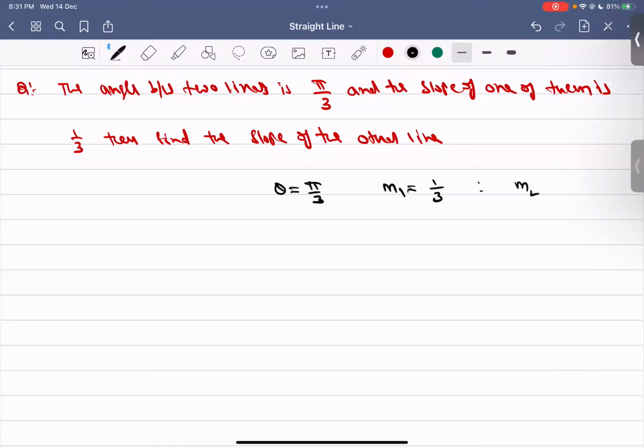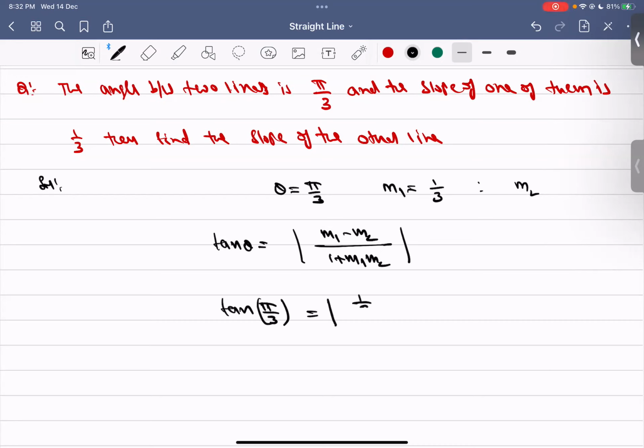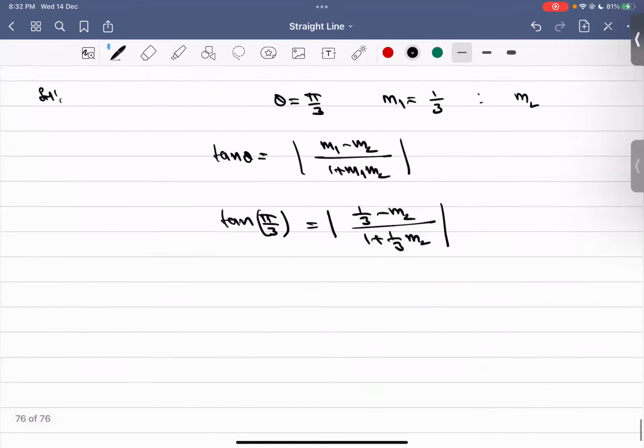So tan theta is equal to mod m1 minus m2 by 1 plus m1 m2. Therefore tan of pi by 3 is equal to m1 is 1 by 3, m2 is m2 only, 1 by 3 into m2.